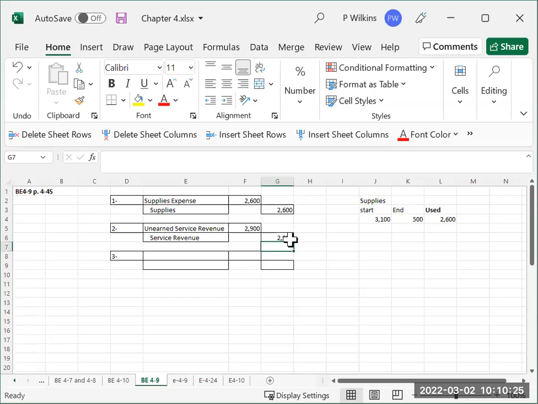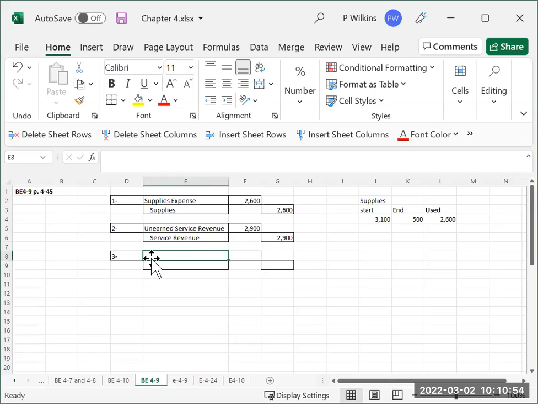$2,900. Okay. All right, and then the third part says prepaid rent was $1,200, and then if we go up to the other part, it said, and 1 month's worth of rent worth $400 had been consumed by Northern Exposure. So they're telling you right there, $400 worth of that prepaid rent you're using up.